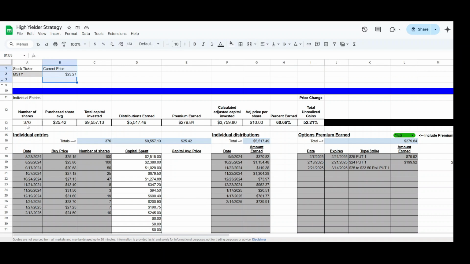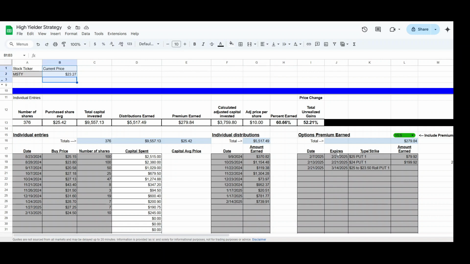I have a total of 376 shares with an average price of $25.42 and an adjusted share price of $10, which puts me at about 60.66% of earned money back. It still shows the number of shares that I purchased at the buy prices, and we listed those out last time along with the distributions. All of this will match up as before.